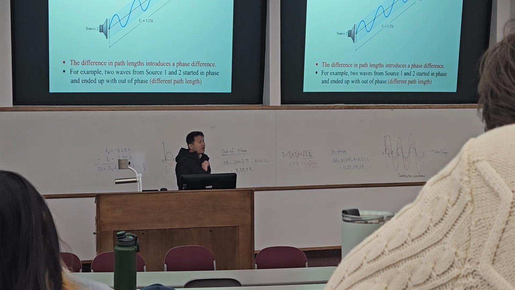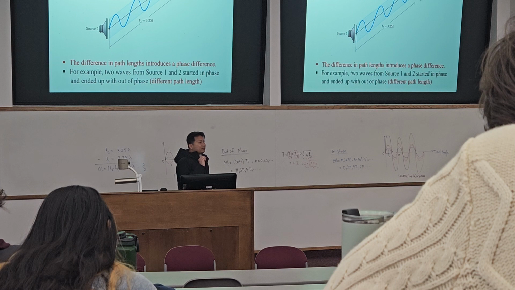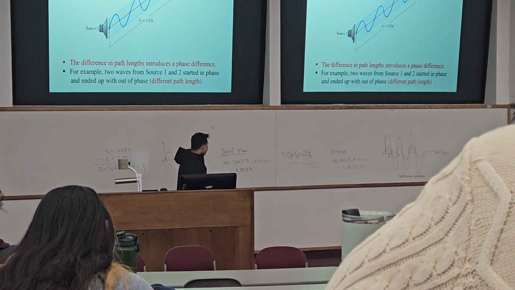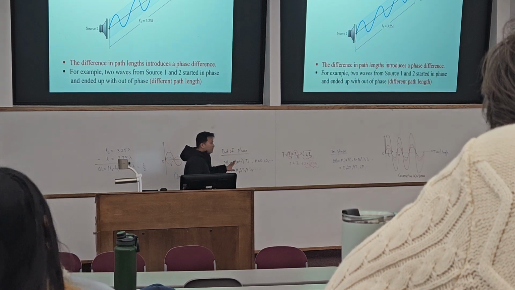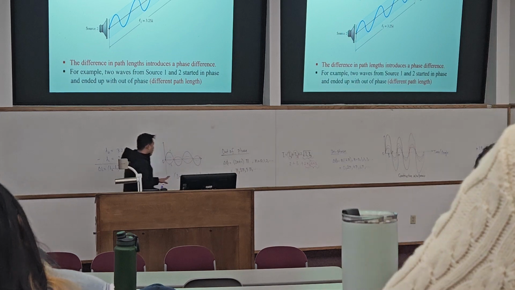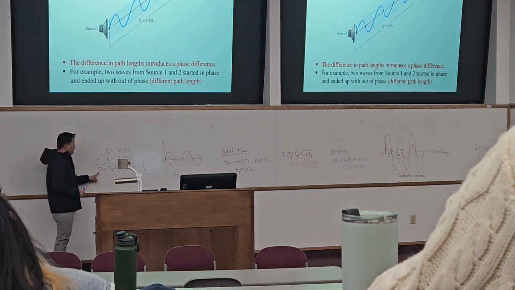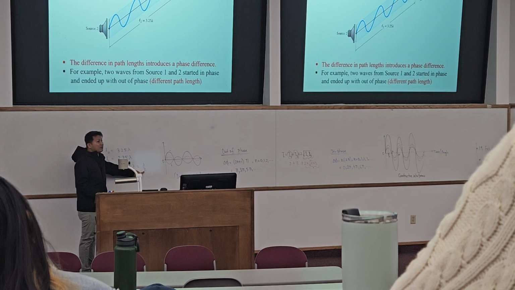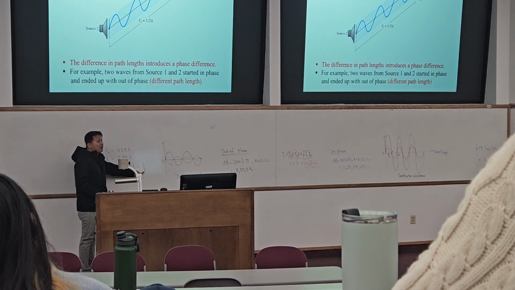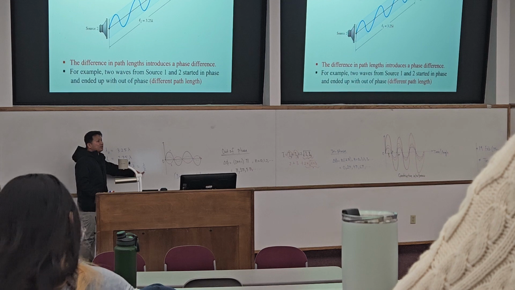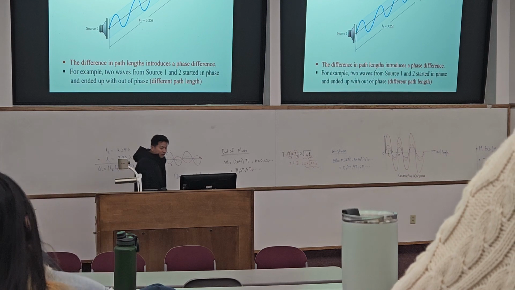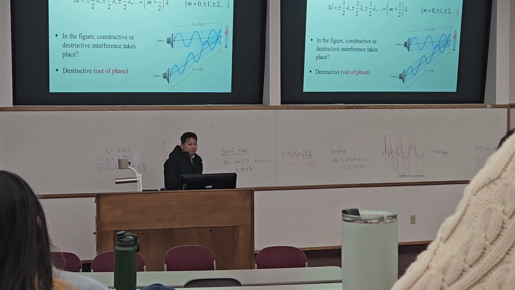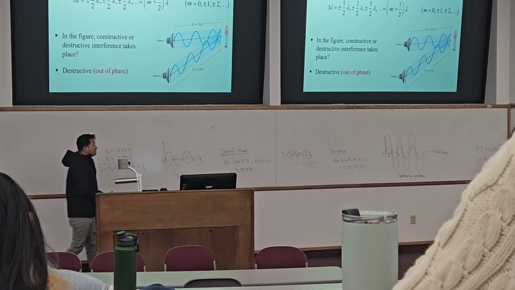So basically you can have constructive or destructive interference not only because they are out of phase or in phase; there is one more condition. You have constructive or destructive interference based on path difference as well.